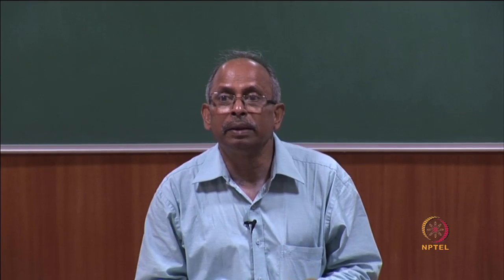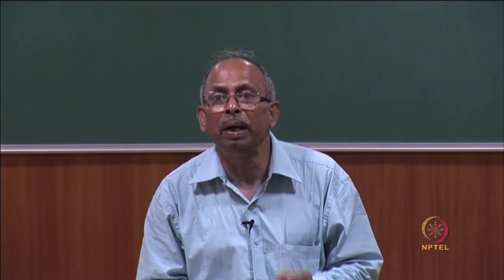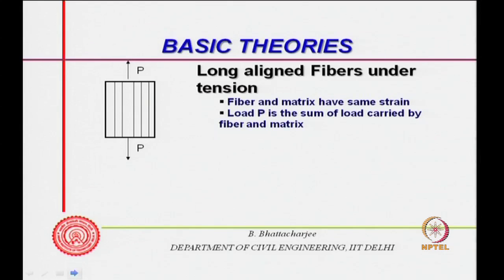Therefore, load P is the sum of load carried by fiber and matrix. Part of the load will be carried by the fiber, part will be carried by the matrix. Let us say V m is the volume fraction of the matrix, and it is equal to 1 minus V f, because if I look at total volume V, a part of it is fiber and a part of it is matrix, and the sum total again makes it V. Therefore, if I talk of fractional volume, the sum total of the fractional volume is equal to 1.